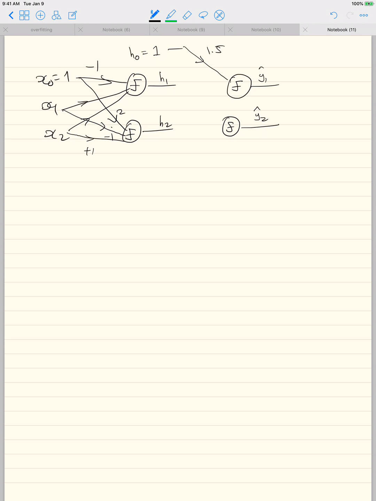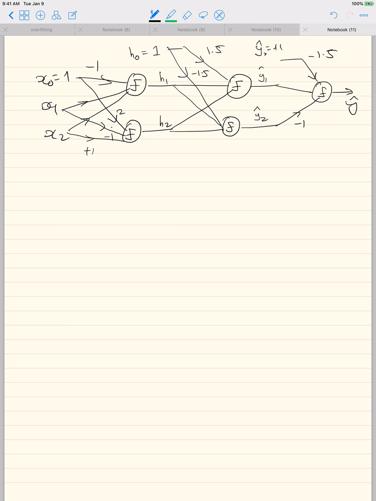This gets multiplied by 1.5, this gets multiplied by minus 1.5. Finally, we multiply this with minus 1. Y0 hat is plus 1. This gets multiplied with minus 1.5 to compute the XOR function, and this is the output.